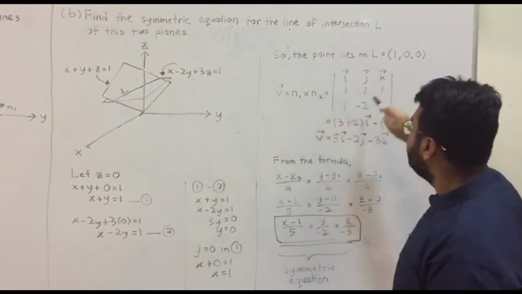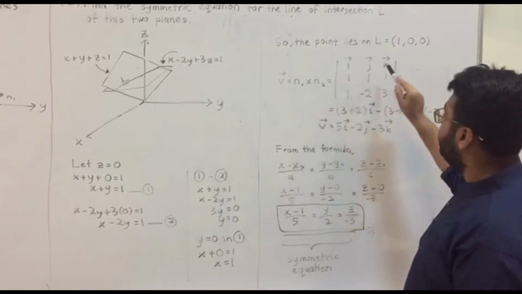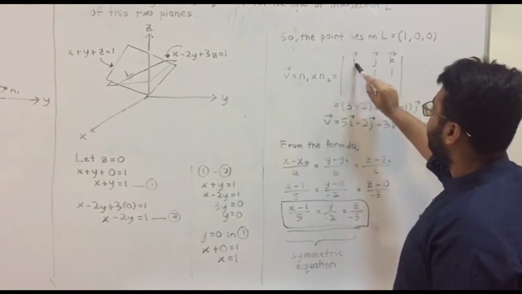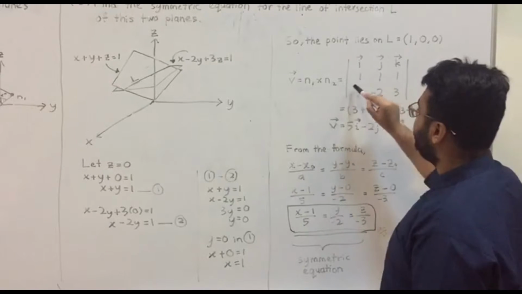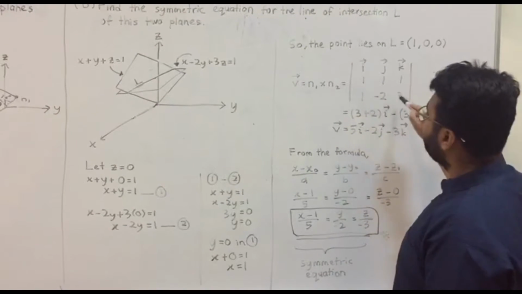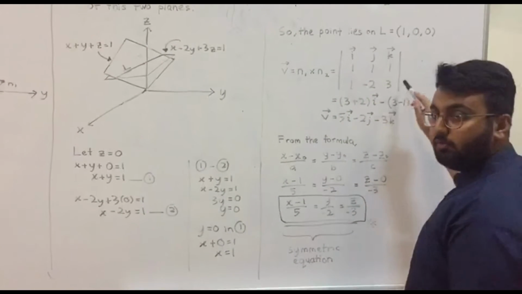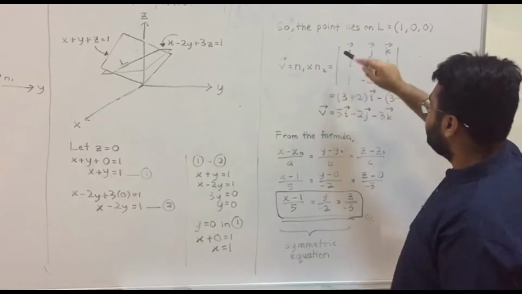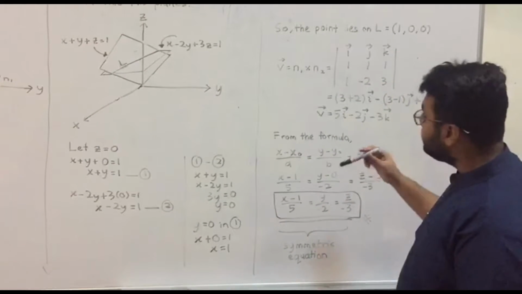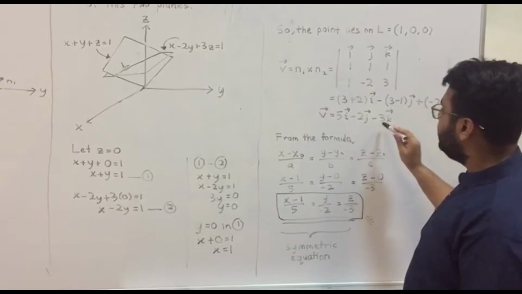We use the matrix method: i, j, k, then x plus y plus z for n1 and x minus 2y plus 3z for n2. Using the normal method of matrices, we get the vector 5i minus 2j minus 3k.